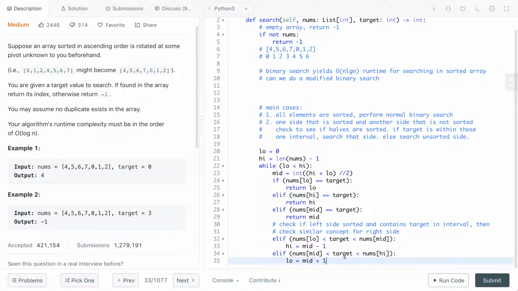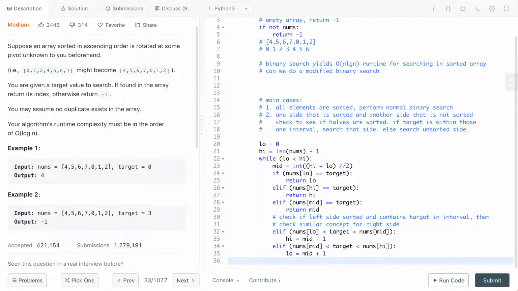All right, so now because we're using elif, we know that once we're at this point on line 36, the target does not lie at the low index, high index, or the mid index. And we also know that the left side is not sorted and containing the target.